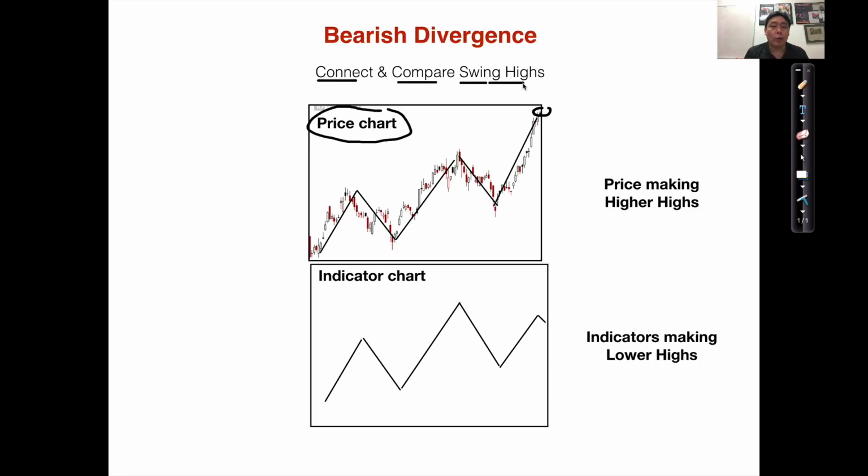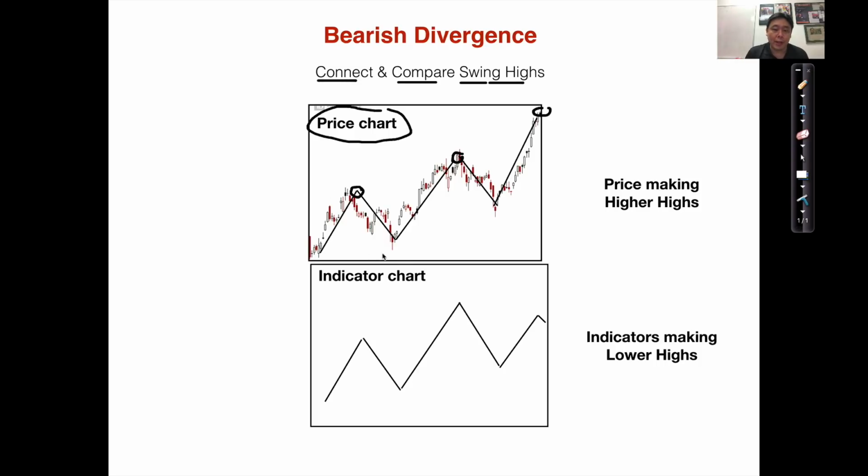So, what do I mean? What are swing highs? Well, that's a swing high, that's a swing high, and that's a swing high. There you go, right? So what we're going to do is compare the price chart's swing highs to the indicator chart's swing highs.